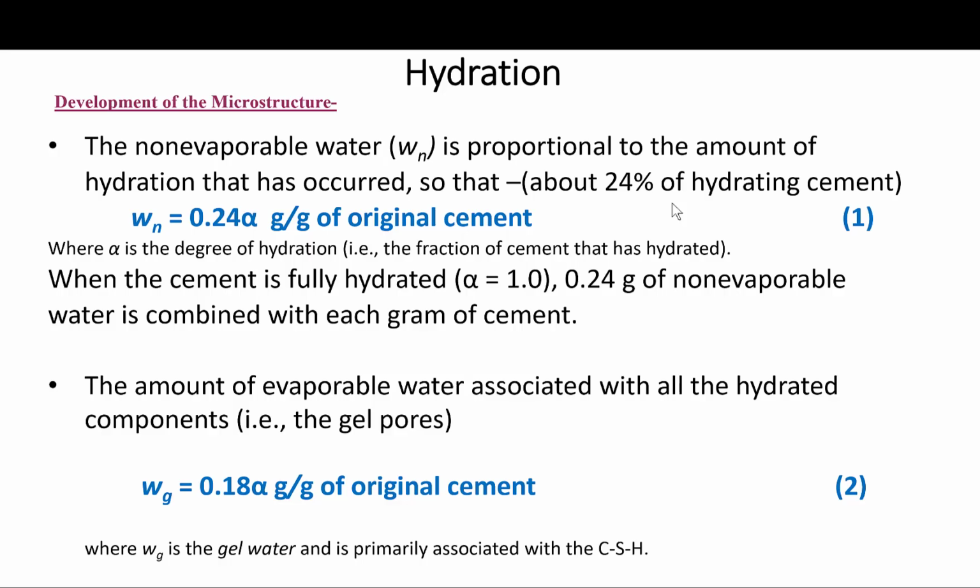W sub G is the gel water and is primarily associated with calcium silicate hydrate. This is equation number 2.